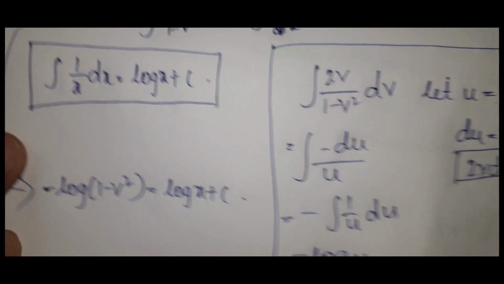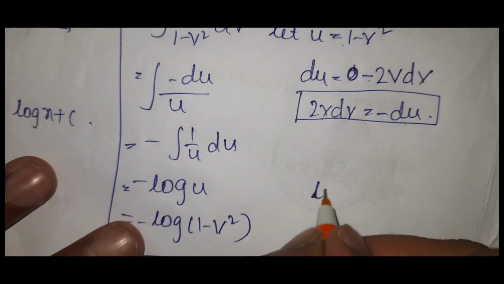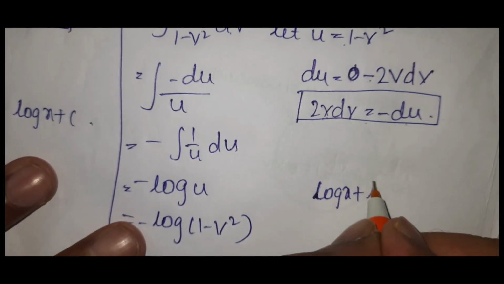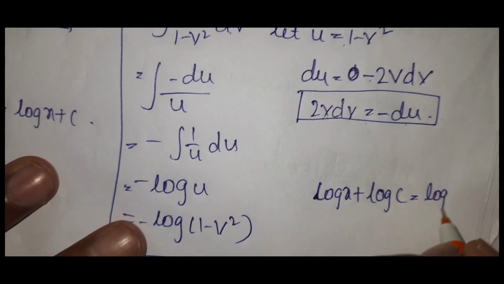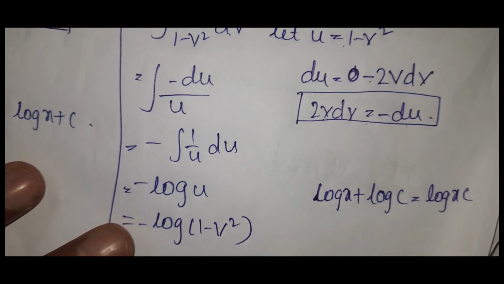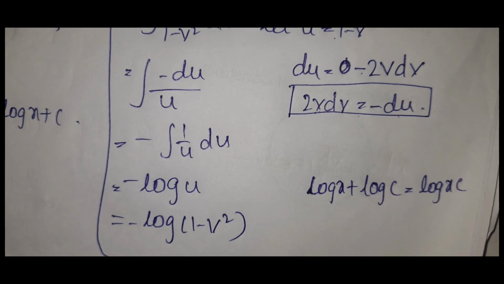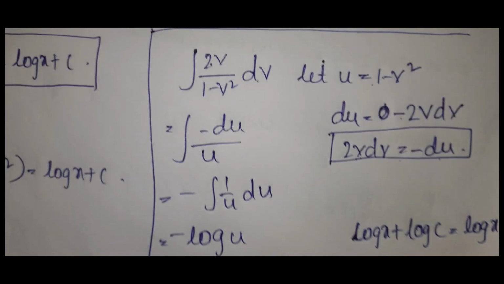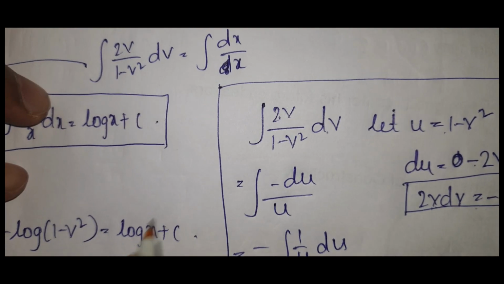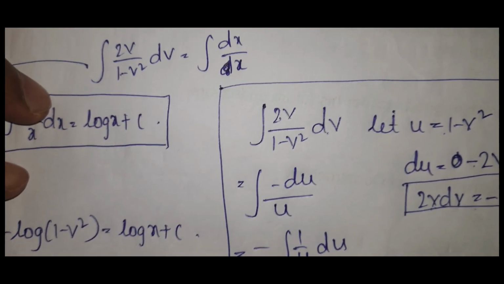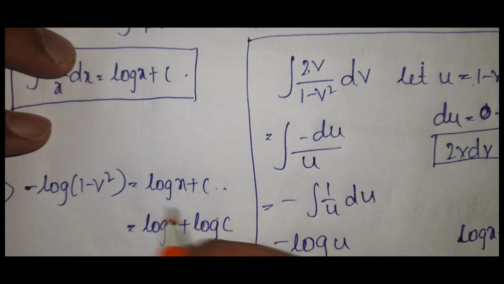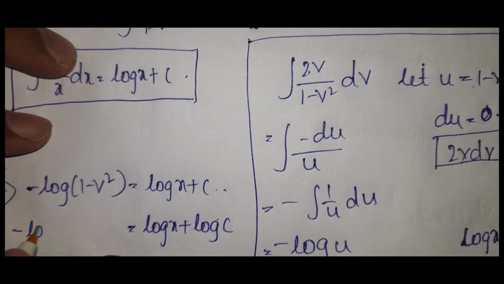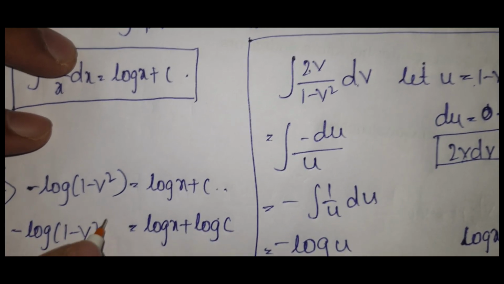And everyone should know that log a plus log b is equal to log ab. So the multiplication of both the logarithms gives you the addition. So I'm changing here c as log c, and writing the rest the same, minus log 1 minus v square.